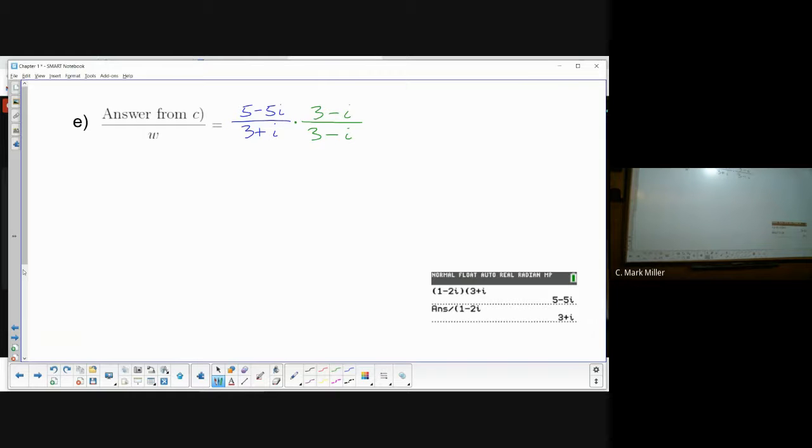See that logic? So we're really not changing the value. We're simplifying. So what happens from there? Well, you remember fractions, you multiply straight across the top, straight across the bottom. 5 times 3, 15. FOIL: 5 times minus i, minus 5i.